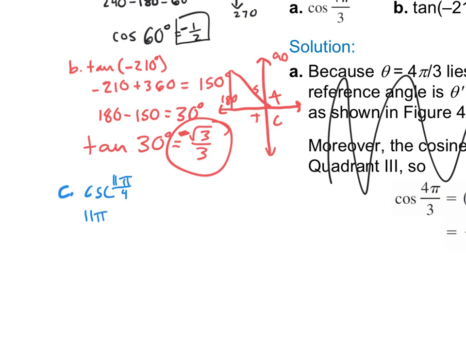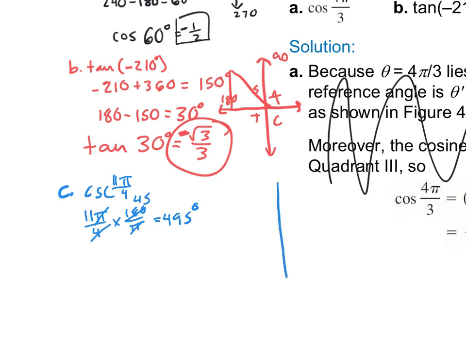So we have 11 pi over 4 times 180 over pi. The pi's cancel. 4 goes into 180 45 times. So this is 11 times 45, which is 495. So 11 pi over 4 is 495 degrees.